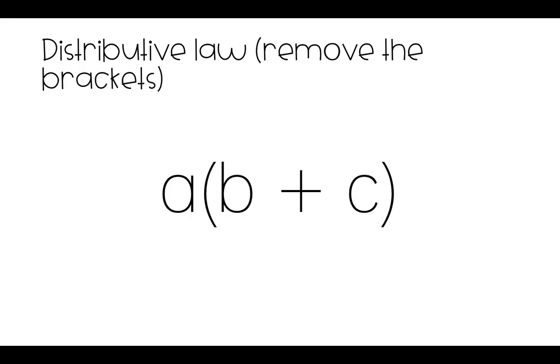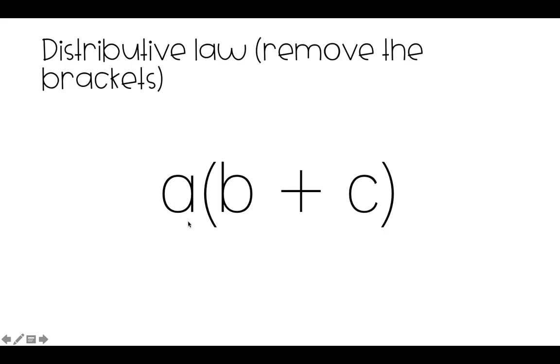Okay, so let's move on now to the distributive law, or the process of removing the brackets. The way we'll see a problem that needs to be expanded is we will have a sum or an expression inside the brackets and a letter, a pronumeral, or a number at the front. Typically you will see a number, but as things get more challenging through the years, you'll begin to see letters there as well.